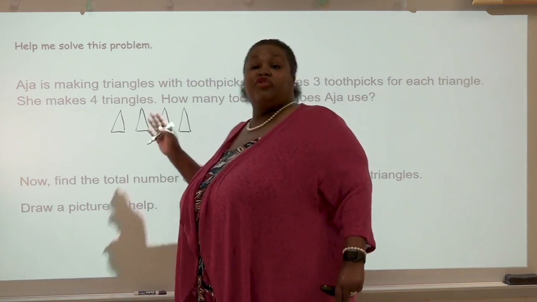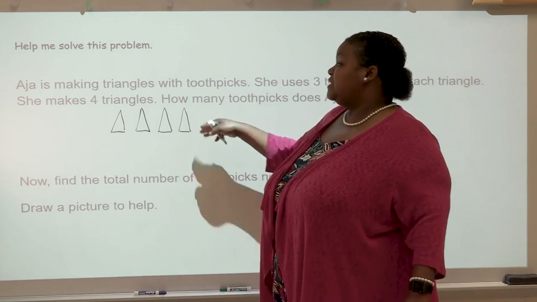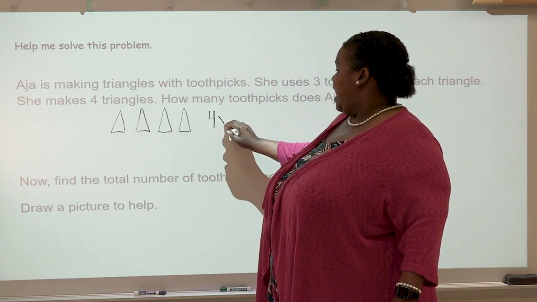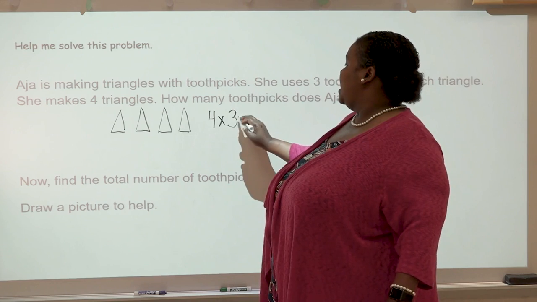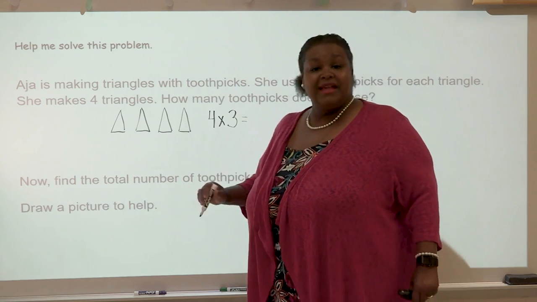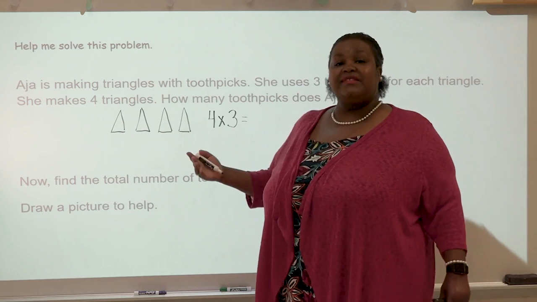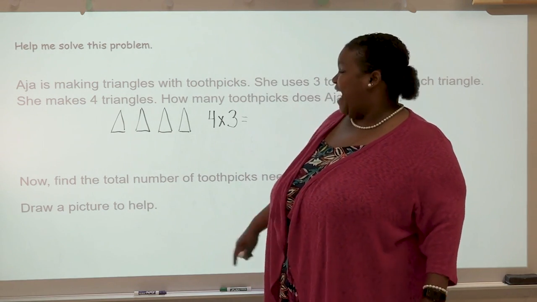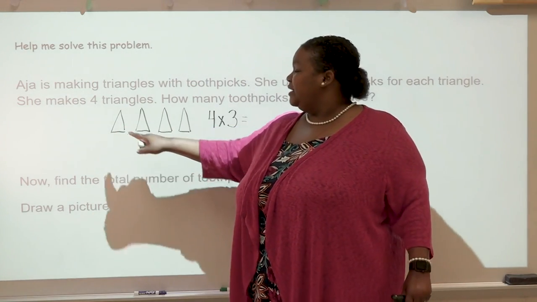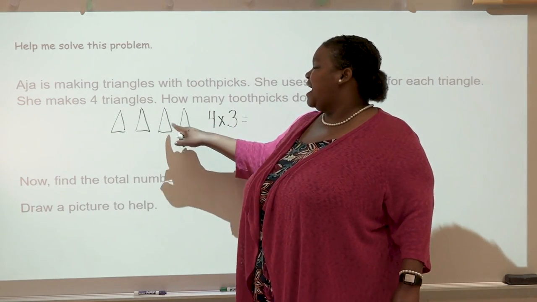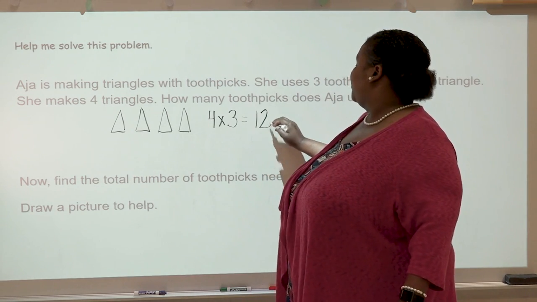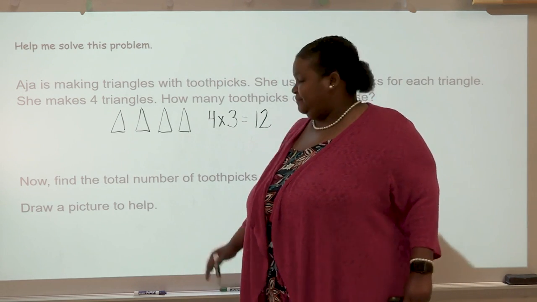I have my 4 triangles drawn. So this lets me know 4 triangles times 3 sides, how many sides? I can use my triangles and skip count by, yes, 3. I agree. Let's try it. 3, 6, 9, and 12. 4 times 3 equals 12.